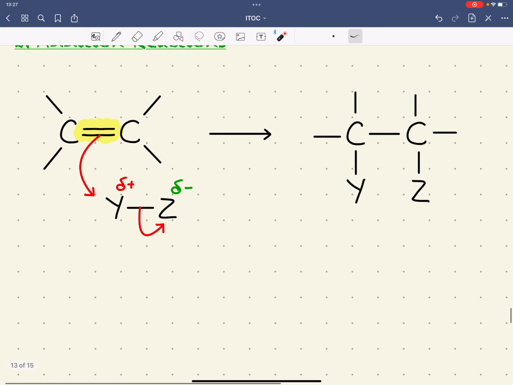As a result of the pair of electrons moving from the carbon-carbon double bond to Y and the pair of electrons from the YZ moving to Z, we get the following species. Remember, our curly arrows need to tell a story of where the electrons are going in a reaction. And what we get then is the following.